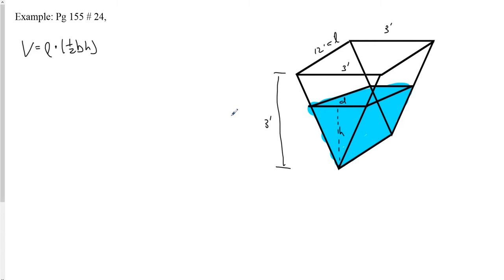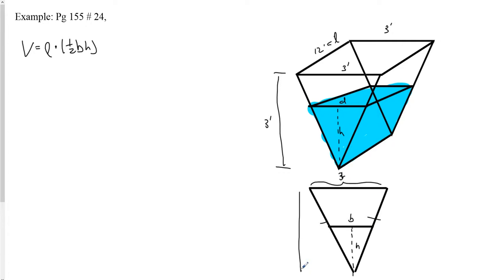All right, now this is an isosceles triangle. So just real quick, the front of this trough here is going to look like this, where these two sides are the same length. And so this base here and this height here is going to be proportional to this 3-foot distance here and this 3-foot height here.